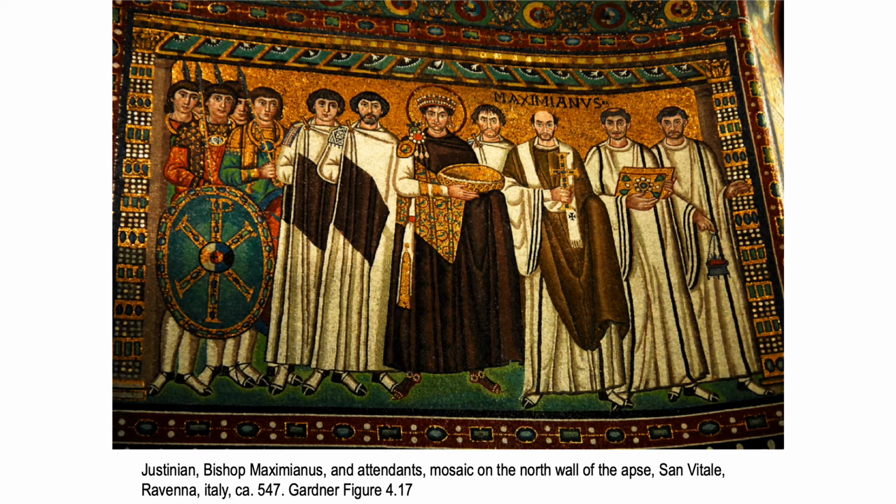Additionally, you see a typical mosaic done in the imperial style. And we're going to look at a close-up of Justinian's face and Theodora's face so you can see what I'm talking about a little bit more closely. But here you see that the mosaics are now incorporating these heavy patterned borders.